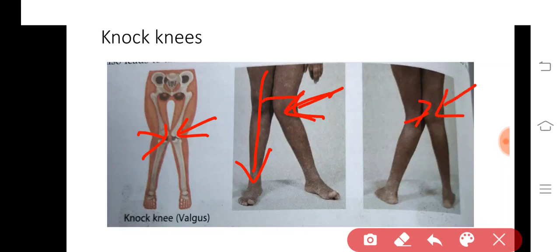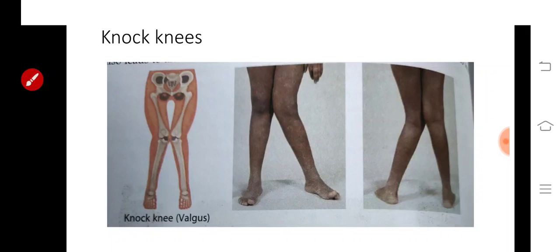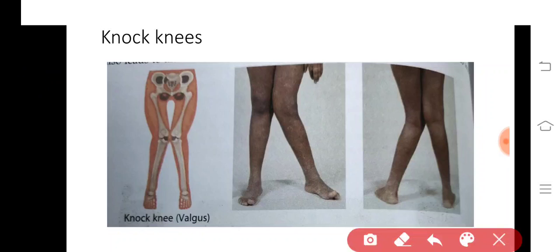So here what we are seeing is that in knock knees, the knees knock into each other. Knock knees may be a sign of an underlying bone disease such as osteomalacia or rickets. Obesity can contribute to knock knees.